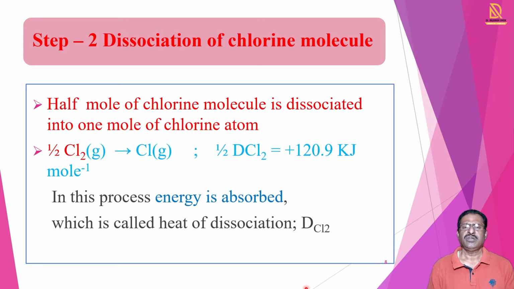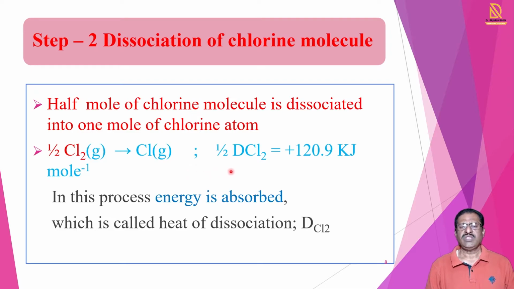So firstly we break the chlorine molecules, and the chlorine molecule is converted into chlorine atoms. Half a mole of chlorine molecule is dissociated and forms 1 mole of chlorine atom. So we write the reaction 1/2 Cl2 gas, when dissociated, is converted into Cl gas.